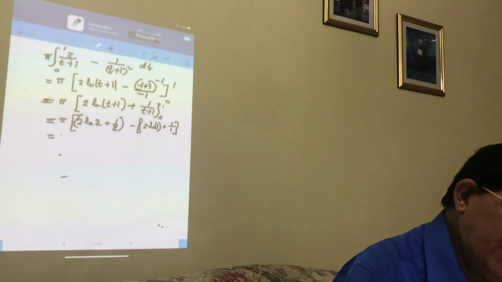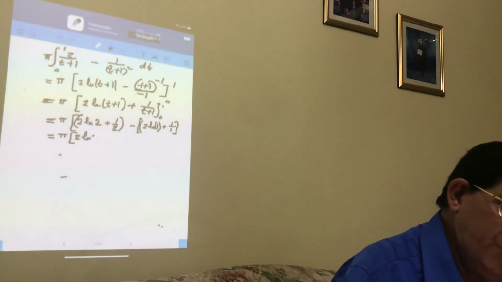Therefore, pi outside, 2 ln 2 plus half, minus 1, since 2 ln 1 is 0. Therefore, the answer is pi times 2 ln 2 minus 1 over 2.